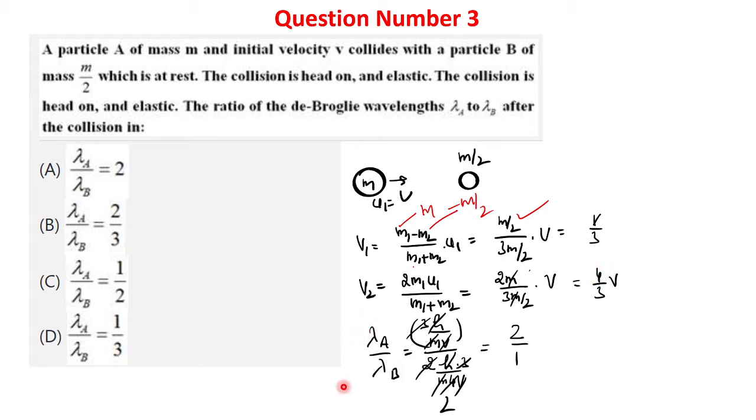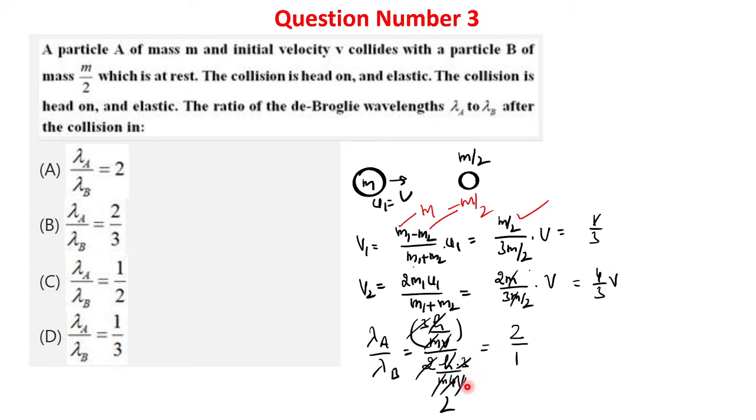So lambda A upon lambda B is equal to h upon m v, that is v by 3, in the numerator, and in the denominator the de Broglie wavelength of particle B, h by m into 4v by 3.